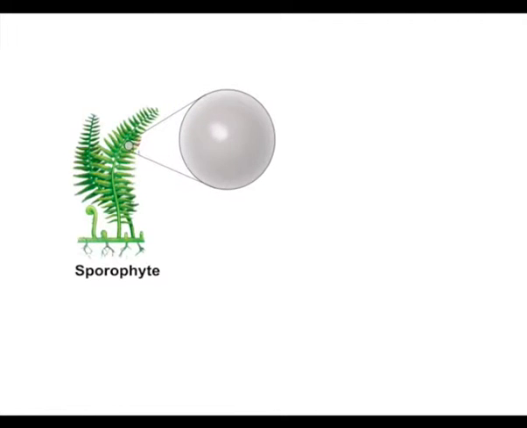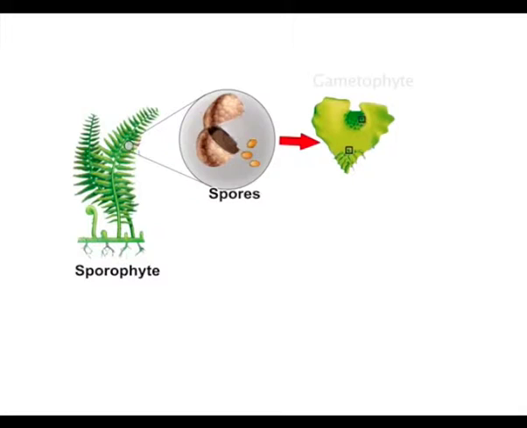A sporophyte produces haploid spores by meiosis. The spores, which are haploid, in turn germinate into a haploid gametophyte. Now, by this we come to the end of the first phase of the plant body, that is the sporophyte.